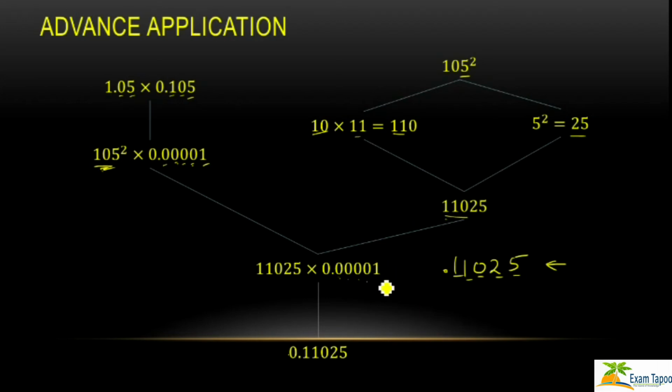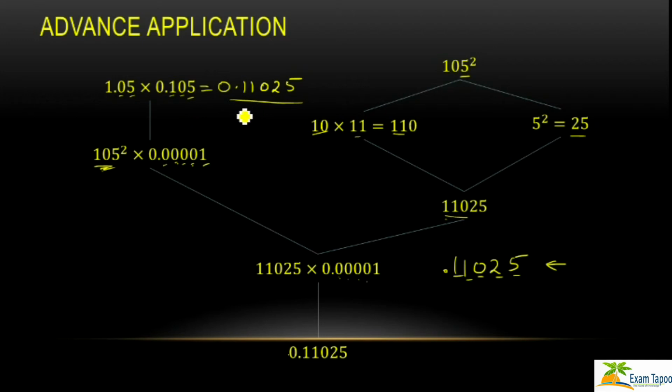I have 5 decimal places, so I have simply multiplied by these 5 decimal places to 11,025, and I placed the decimal, and I got the result as 0.11025. So the product of 1.05 and 0.105 is basically 0.11025. As you can see, the calculation becomes very, very easy.